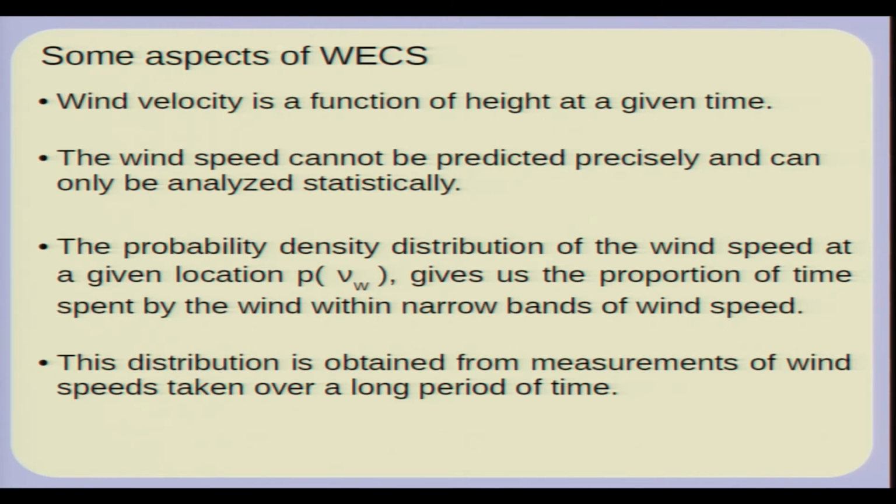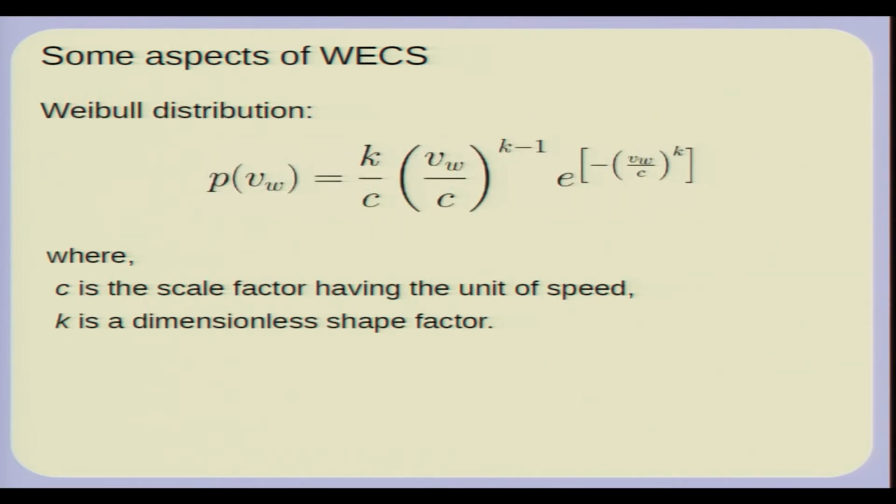So, we can take measurements over long periods of time and assume that the probability can be determined by measurements taken over a long time, and mostly this kind of probability can be fit into one function. This function has been found to give a reasonably good fit.